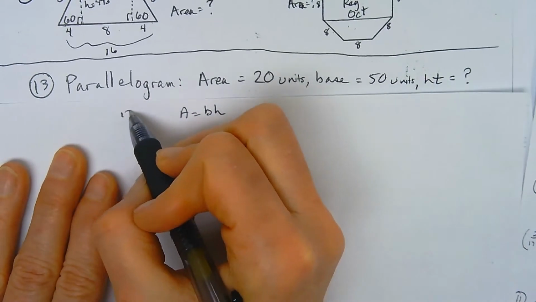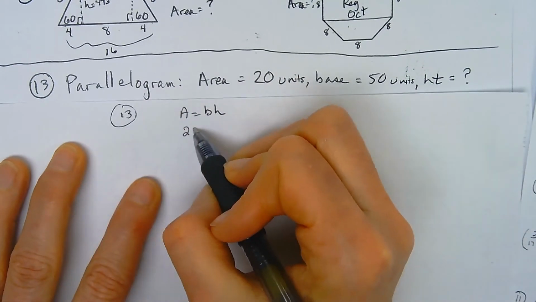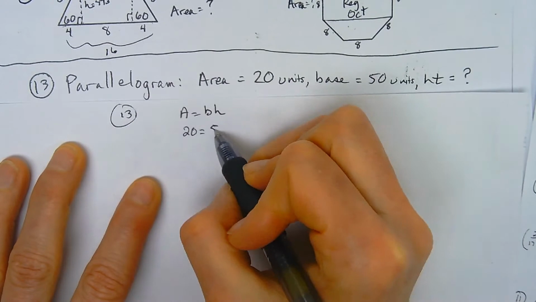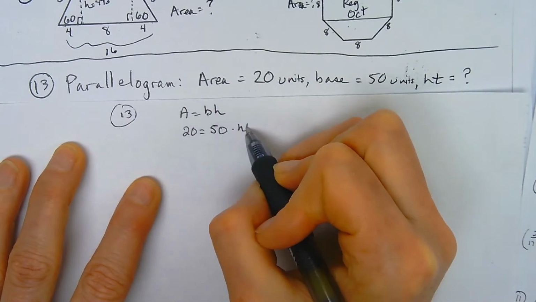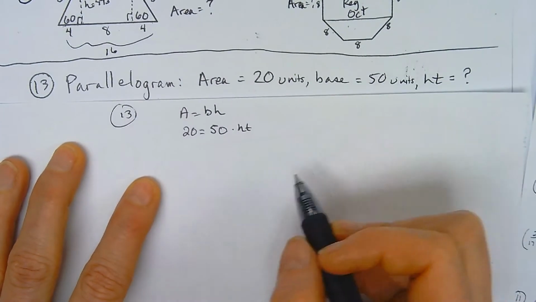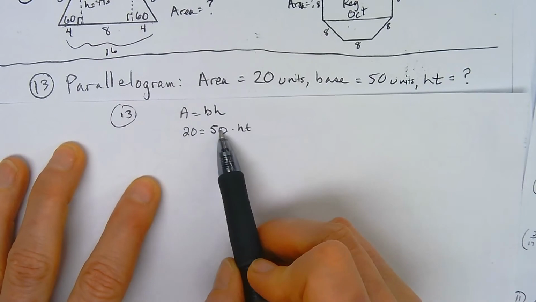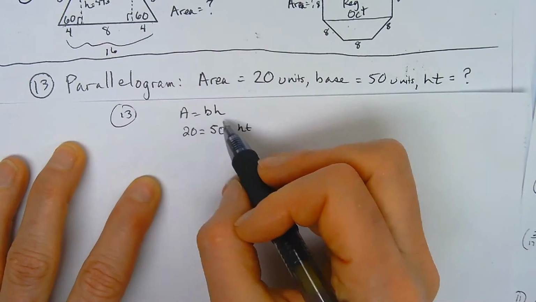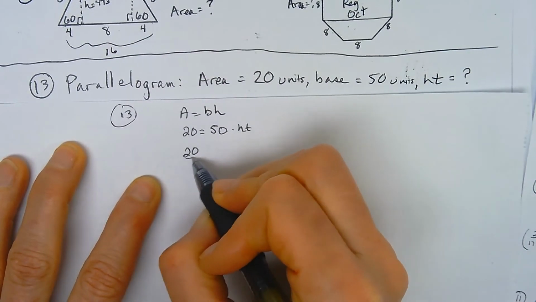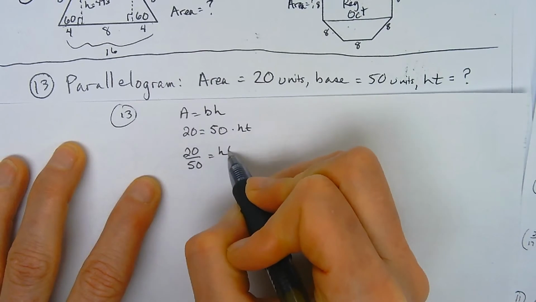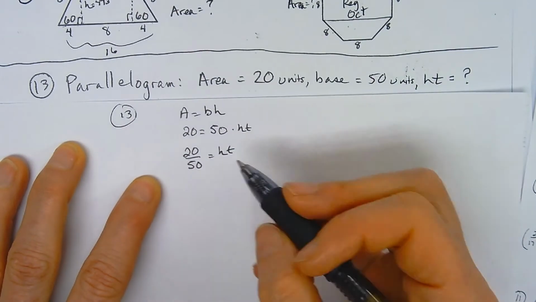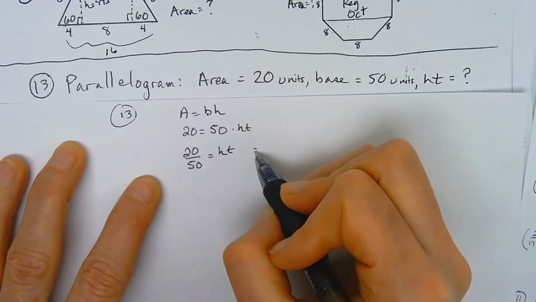For number 13, we're told that the area is 20, the base is 50, and we're asked to find the height. Area 20 equals 50 times the height. I'll just divide both sides by 50, so 20 over 50 equals the height. I can simplify this fraction, and I get 2/5.